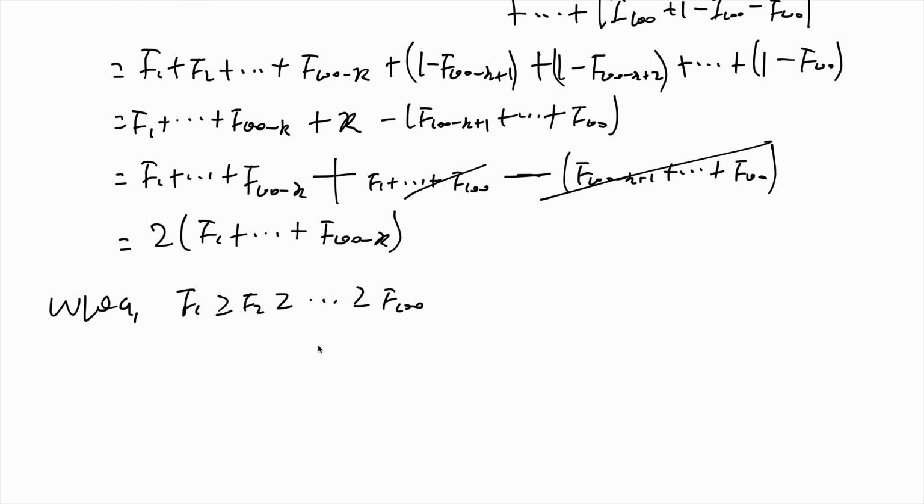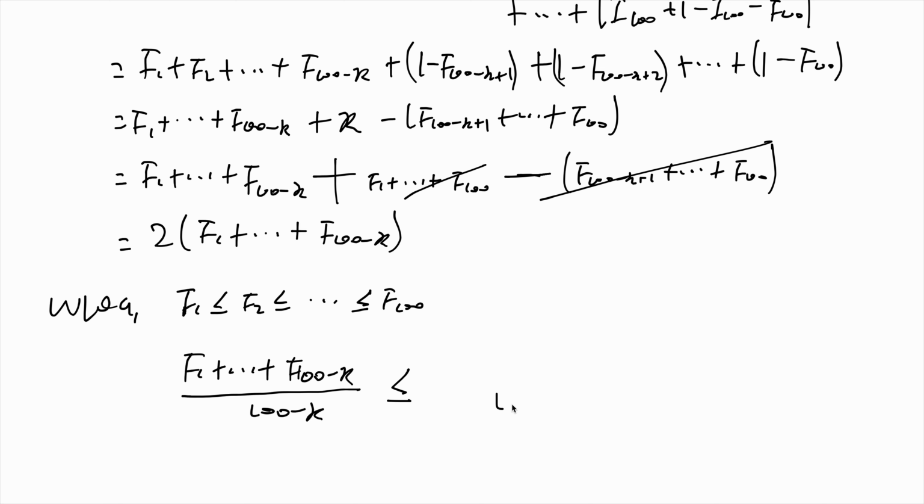Then we have the average of all these numbers. So 100 minus r. This thing must be less than, oh, actually, I think I accidentally swapped them. Like this. Then we have this thing less than or equal to 100 over everything.